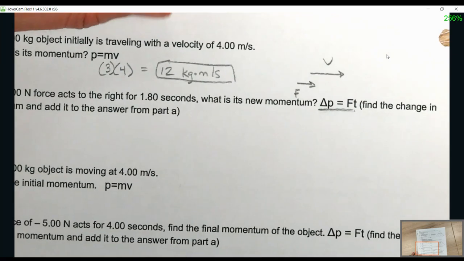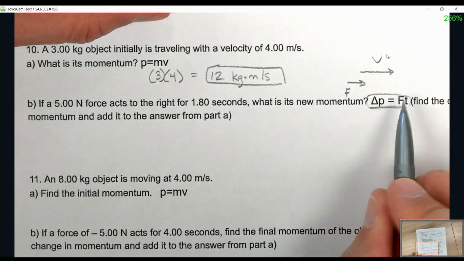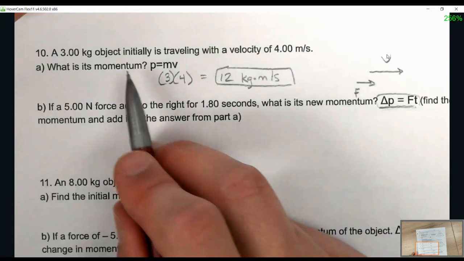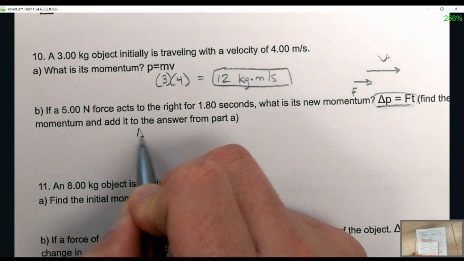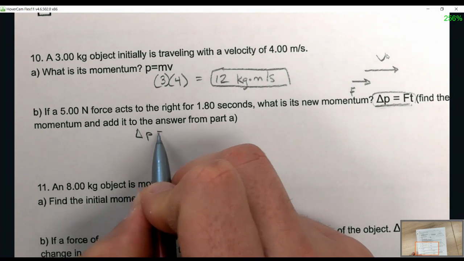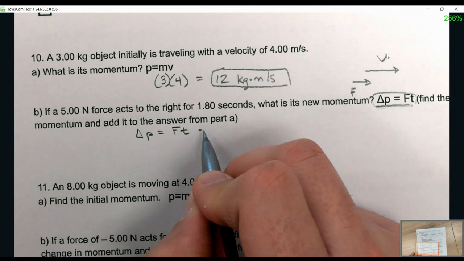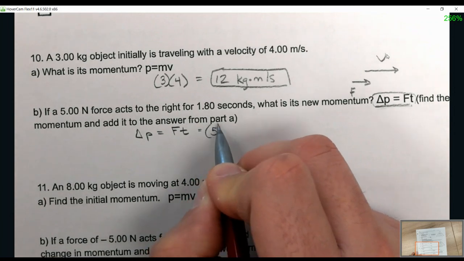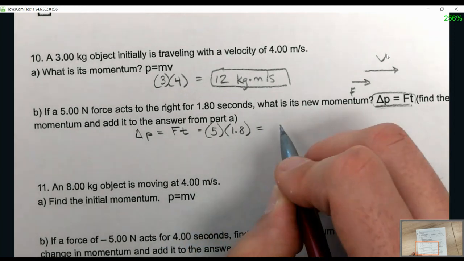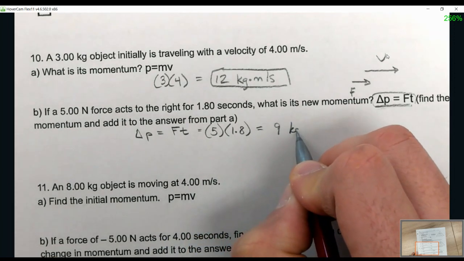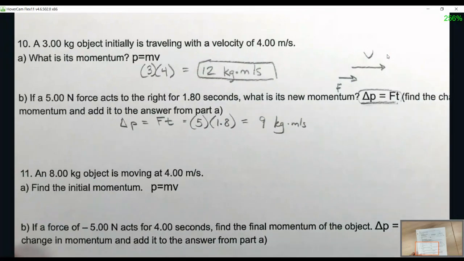Now I wrote in parentheses, find the change in momentum first, and then add it to the answer from part A, which is your 12. So delta P is equal to force times time. The force was 5 newtons for 1.8 seconds, and this gives us 9 kilogram meters per second. That's how much we're going to change by.